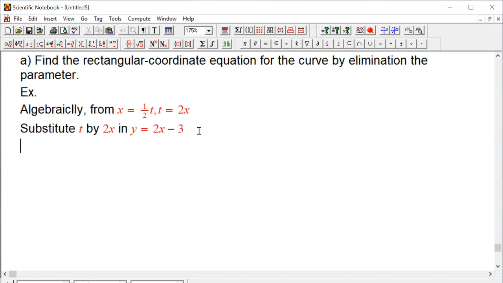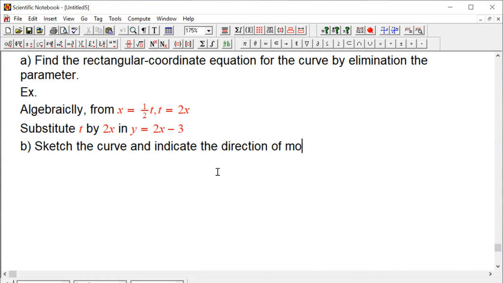The second question typically is asking us to sketch the curve, and indicate the direction of movement as t increases. So these are the two typical questions.